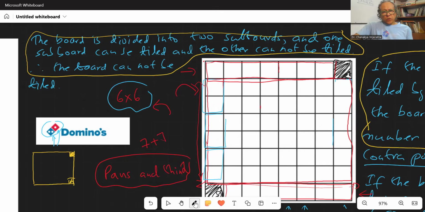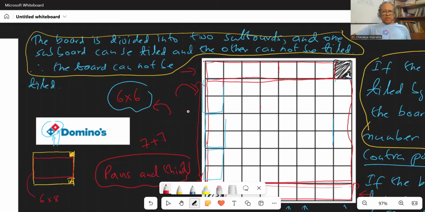Now, we can divide this board into two subboards like this, right? So this subboard is a 6x8 subboard, right? And it has 6 rows, and each row has 8 squares, and each row can be tiled, right? So therefore, this subboard can be tiled.